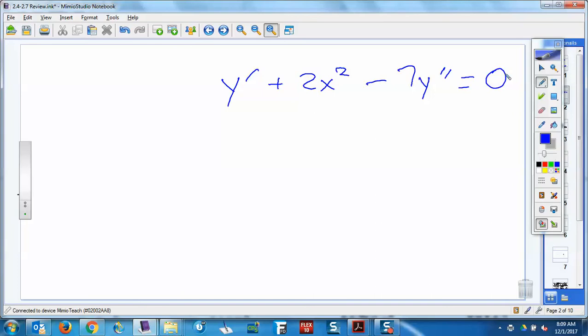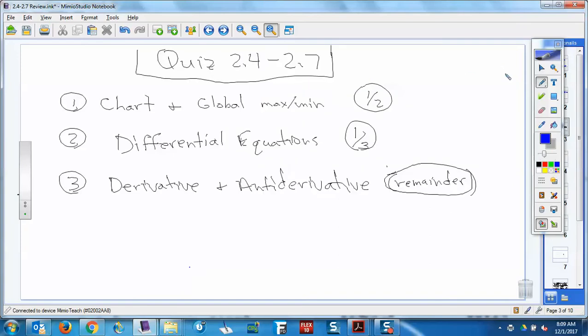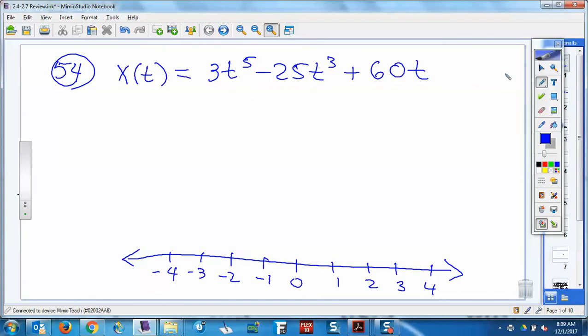Well, we haven't yet. In this problem, what's the output variable? X. What's the input variable? T, the time. So if you did an ordered pair for this function, say you did 1, what would that be? 38.